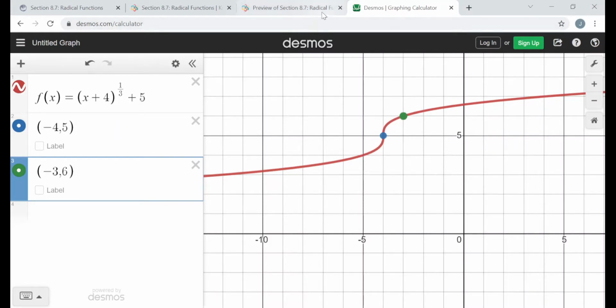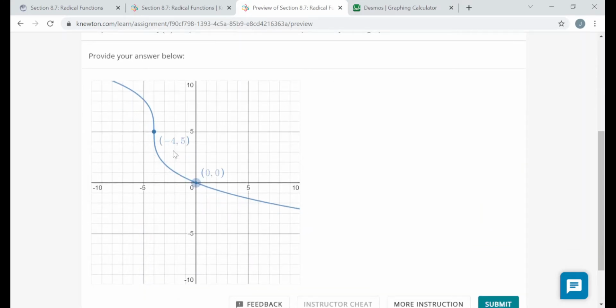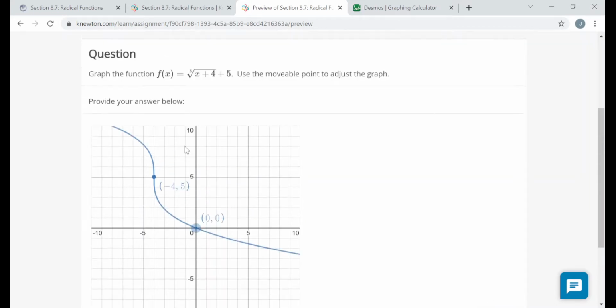Now in the assignment, there's only one movable point. They're giving me a point here, -4 comma 5. The point -4, 5 is on this, and like I said, -3, 6 is also on it. So let's just do that. There we go, and there's this cubic curve.